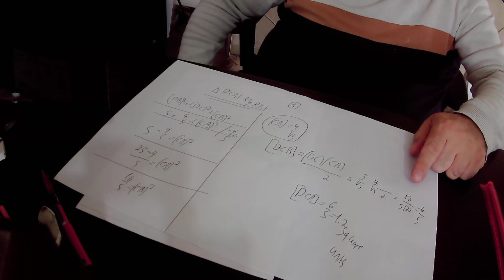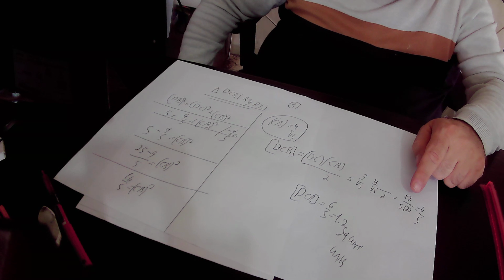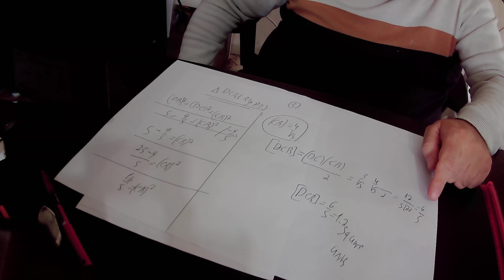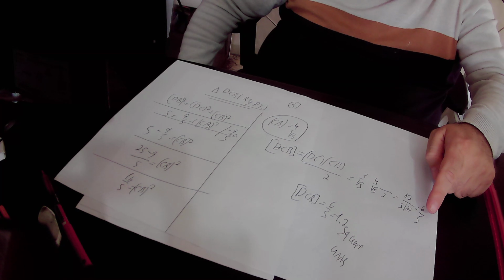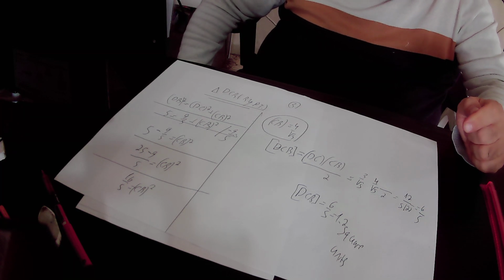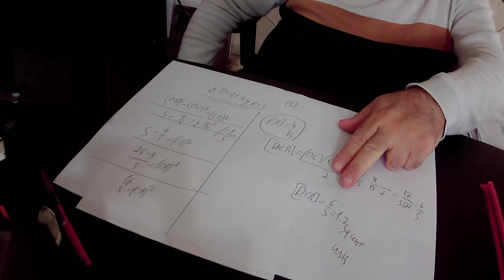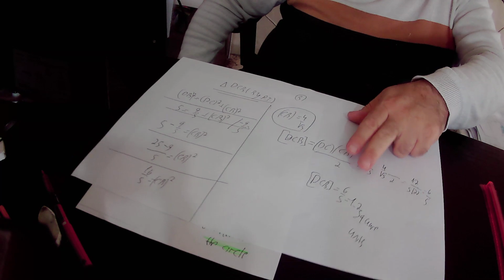In the numerator we are left only with 12, and in the denominator we have square root of 5 times square root of 5 is 5, so we have 5 times 2. 12 over 2 is 6, so in the numerator we have only 6, and in the denominator we are left only with 5. So in conclusion, the area of the blue right triangle DCB equals 6 over 5 square units, so in terms of numbers it is equal to 1.2 square units.